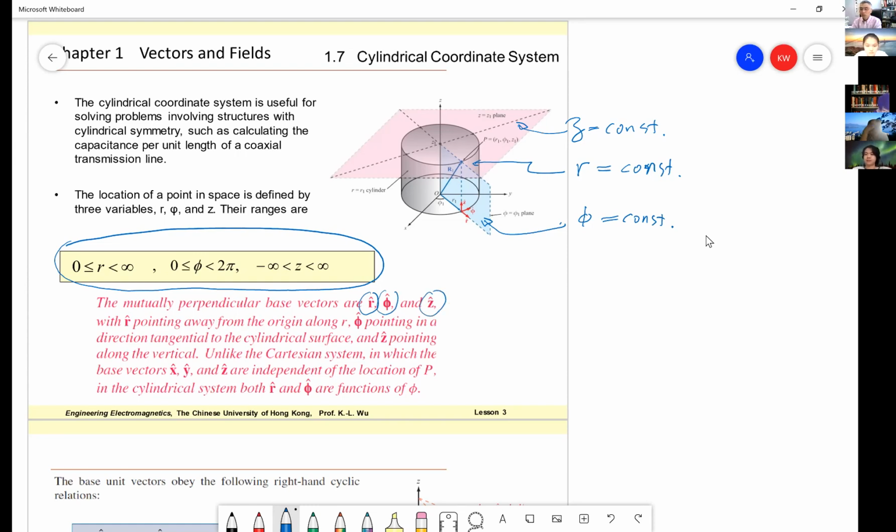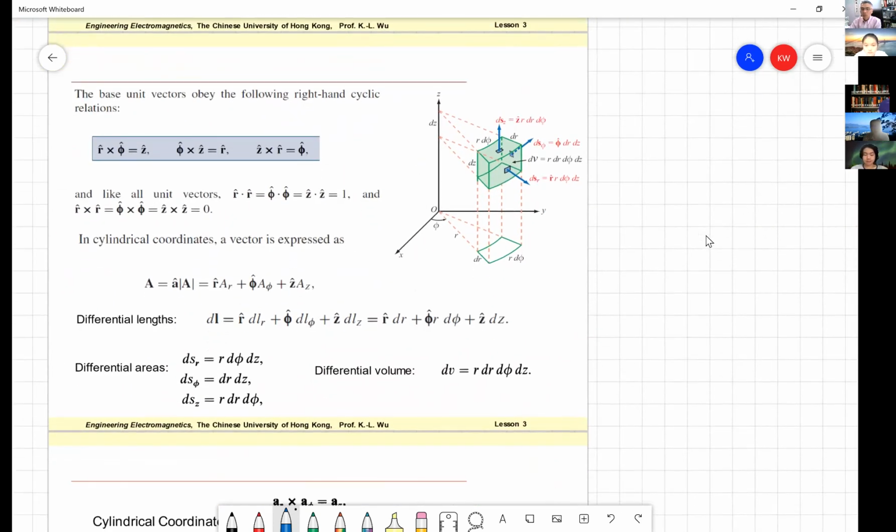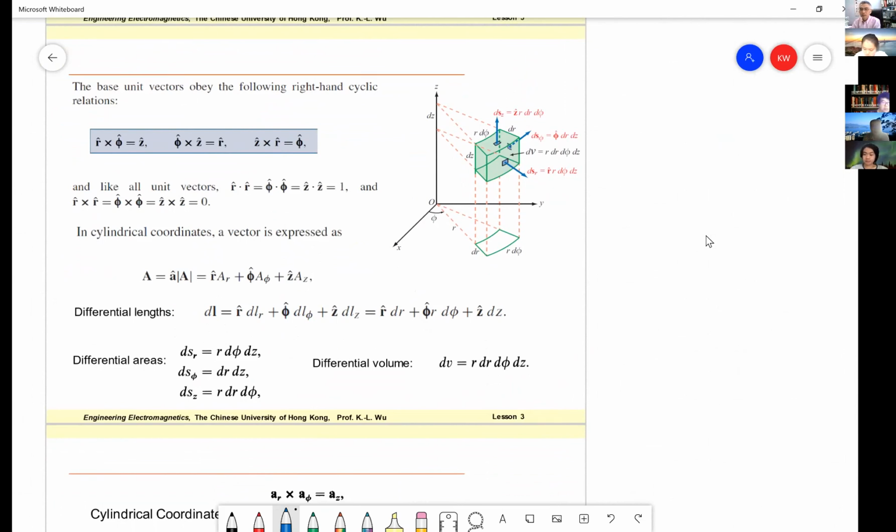You see, here we use the triangular hat to denote a unit length. We use unit vectors from time to time.